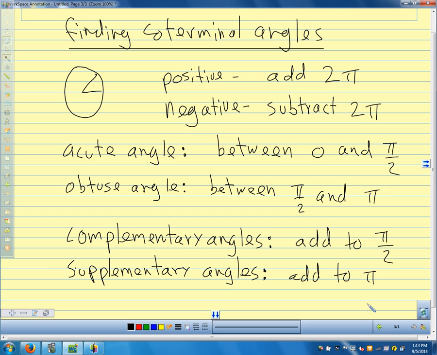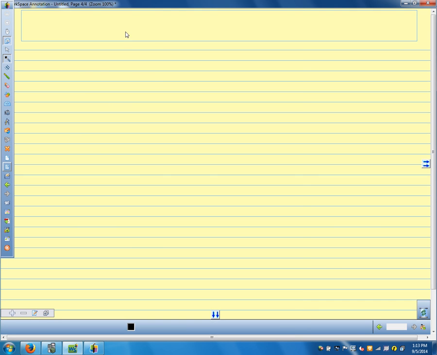So most of the day is reviewing some terminology and getting to where we can think a little bit in radians. All right, so let's talk about conversion, how we convert from degrees to radians.